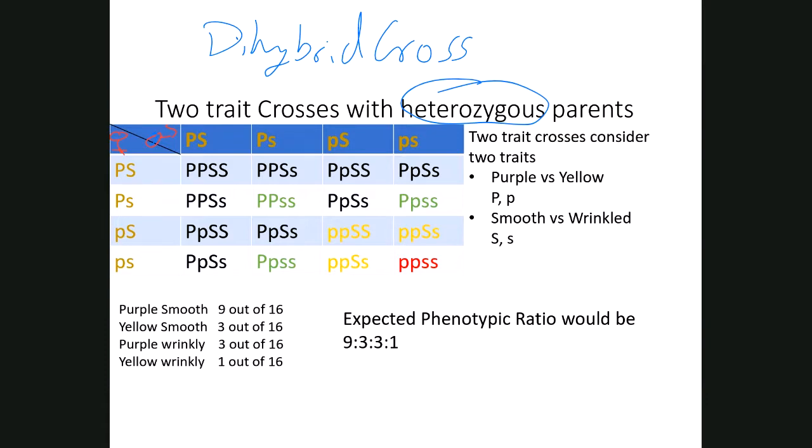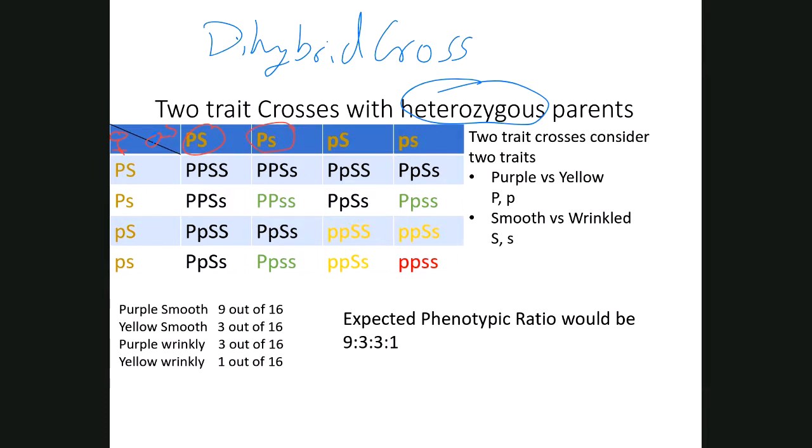So we look at the possible alleles for the 4 gametes. One of them is going to carry the dominant purple and the dominant smooth condition. One of them might be dominant purple but the wrinkly condition.